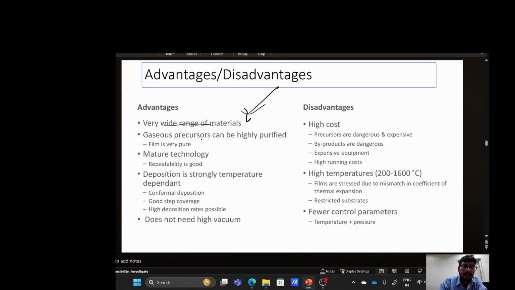And gaseous precursors are highly purified. Gases you can purify to a very good extent, but not liquids. Earlier we saw how a wafer is fabricated from the CG method, and there was a eutectic diagram.